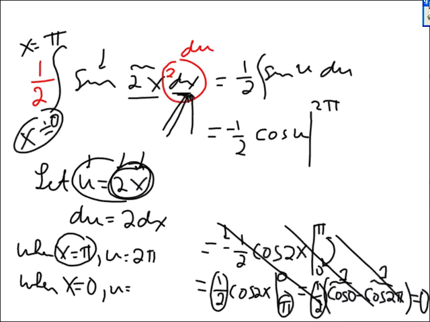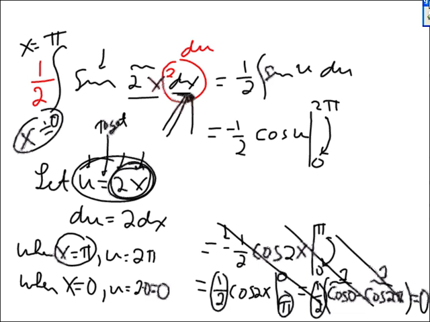When x is 0, u is equal to, here's the rule to convert x's to u. Double x and you get u. To get u, compute 2 times x. U is equal to 2 times 0, or 0. So the lower limit is 0 and the upper limit is 2 pi.